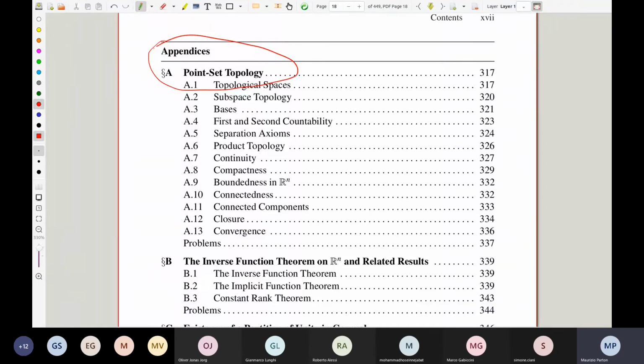So I invite you also, for instance, if you have no idea what topology is, of course, in differential geometry a differentiable manifold is first of all a topological space, whatever this is. So if you don't know at least a bit of topology, you will never be able to understand real differential geometry.